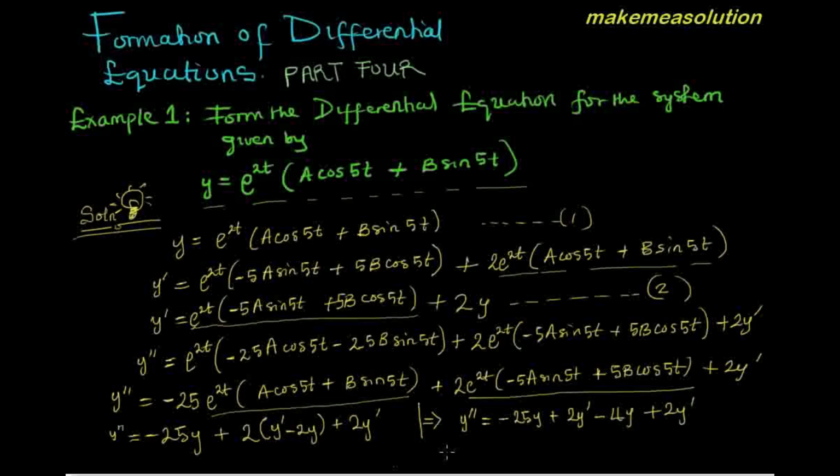If we arrange this together on the left hand side, we'll have y prime prime minus 4y prime plus 29y is equal to 0. So this is the differential equation governing the system: y prime prime minus 4y prime plus 29y equals 0.